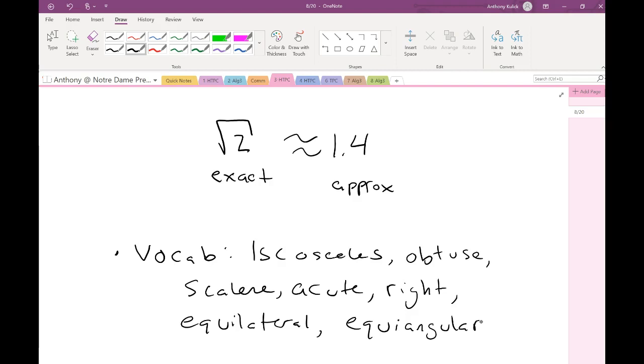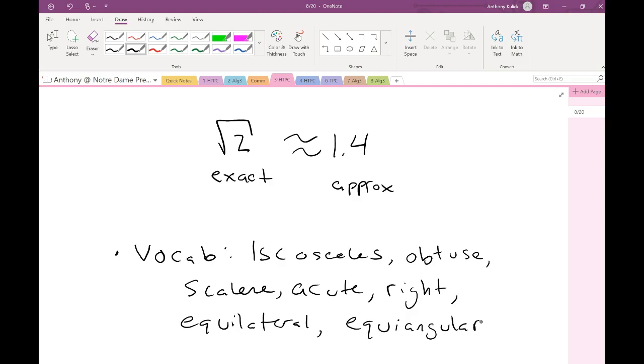Obtuse has an angle greater than 90. Can I have two angles that are greater than 90? Impossible. Why? Because that would be greater than 180 degrees in that triangle. Very good. Scalene, what does that mean? None of the sides are the same length.